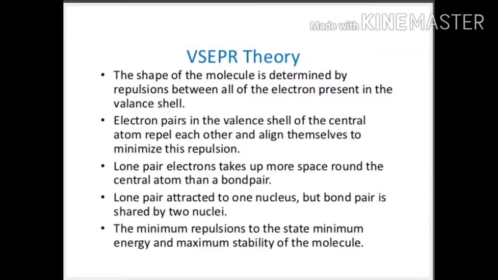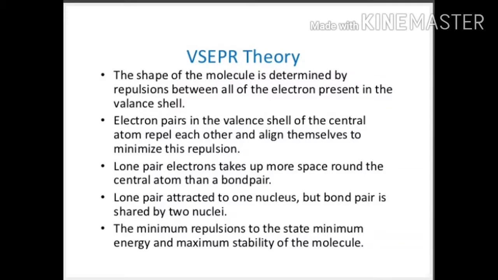Minimum repulsion leads to minimum energy and maximum stability of the molecule. It means the repulsion between a lone pair and a lone pair is different from the repulsion between two bonded pairs or one bonded pair and one lone pair.